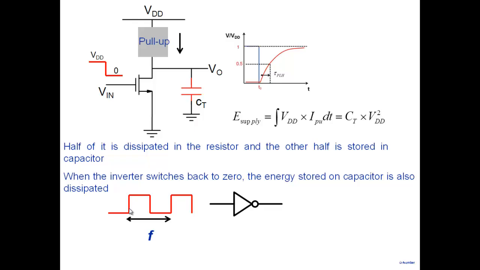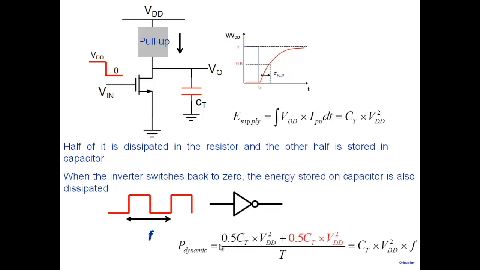CT VDD square. So what is the power which is dissipated here? 0.5 CT VDD square for this transition, 0.5 CT VDD square for this transition, and in one clock period, the power dissipated is this energy plus this energy divided by the period. So power dissipated is CT VDD square times F.